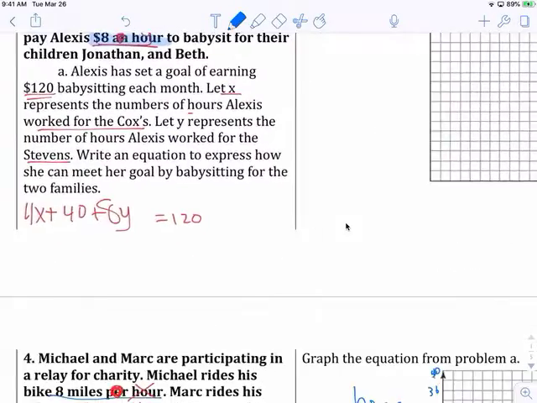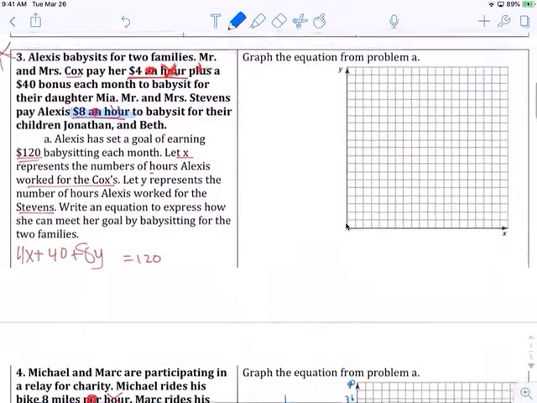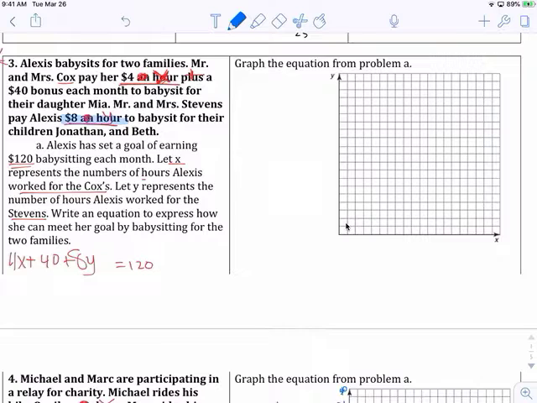Okay, I'm going to use x and y-intercept to graph. X represents the hours Alexis worked for the Cox.